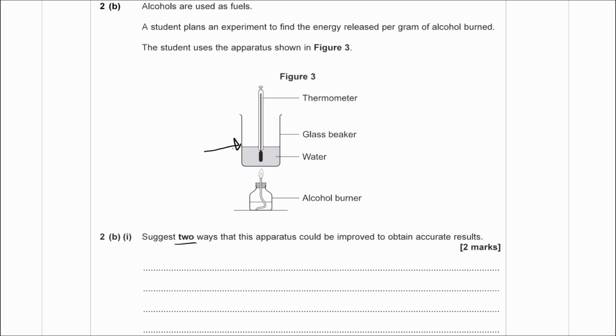A calorimeter is basically a fancy word for the apparatus we use to measure the amount of heat that's applied to something. So we're going to say replace the glass beaker with a metal calorimeter.